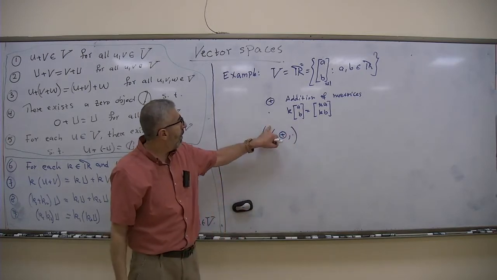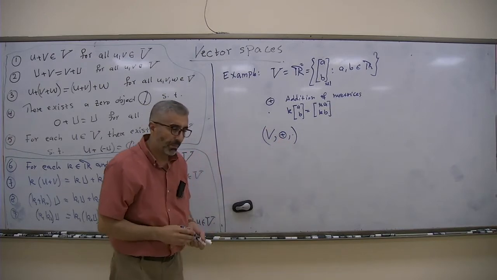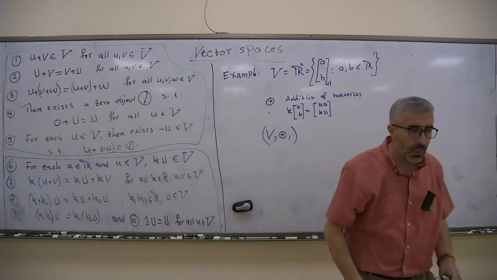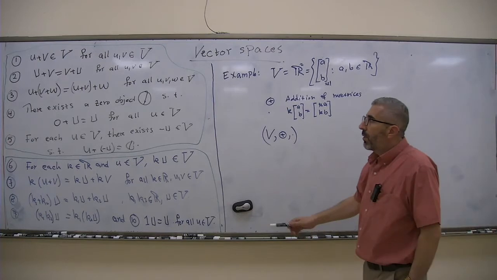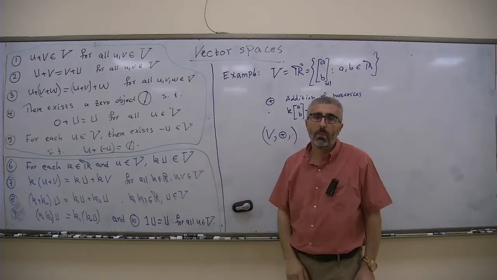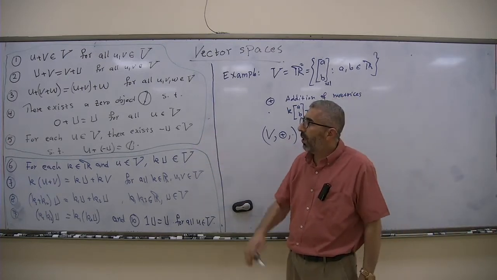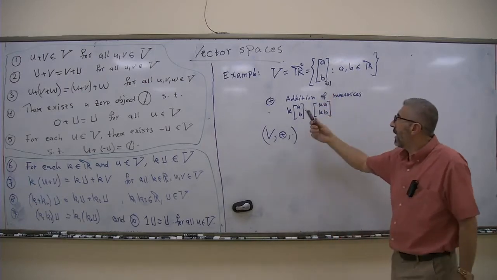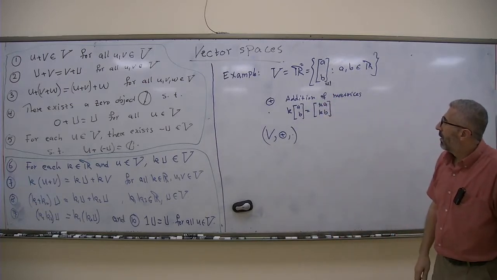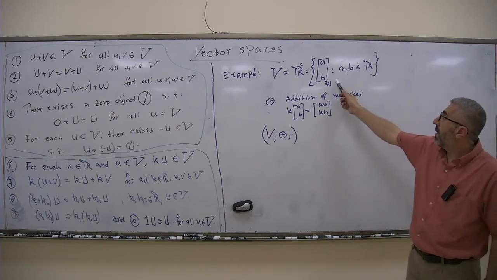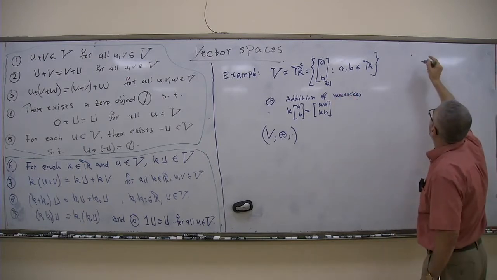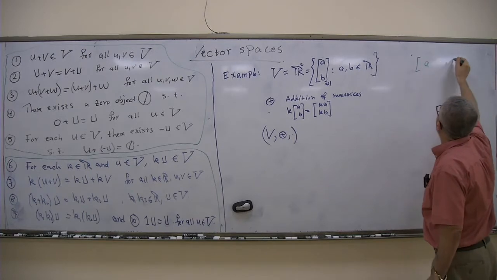So we have a set of objects, we have two operations. Now the question is, are those 10 conditions satisfied? Well, we'll quickly go over them one by one because this is very easy and we know they are satisfied. Okay? By the way, sometimes we write it like this, a, b.